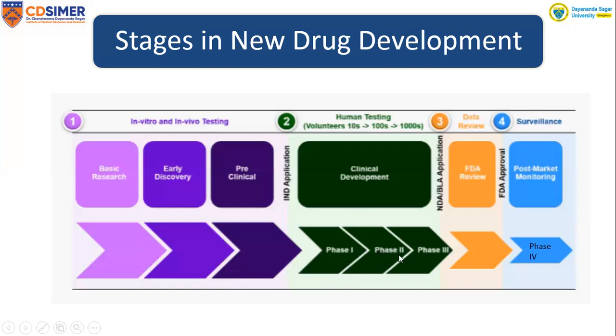So they will try to evaluate in a small number, maybe 100 to 200 to 300 patients. Earlier in phase 1 it is healthy volunteers. Now in phase 2 we are going to evaluate in the particular patients whom we would like to target. Targeted patients will be selected based on the inclusion and exclusion criteria, and most importantly, the safest criteria will be considered for this.